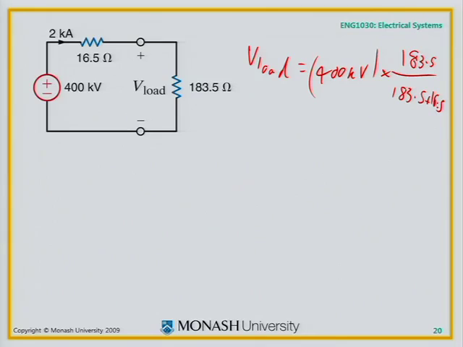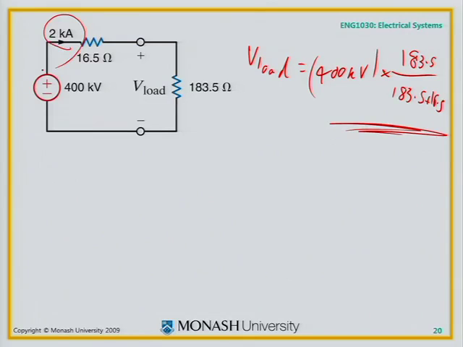It's a classic voltage divider. I know there's 400 kV across a series combination of resistors, so I can use voltage division to work that out. But I already know the current. I'm already given the current here. I don't really need to do that.